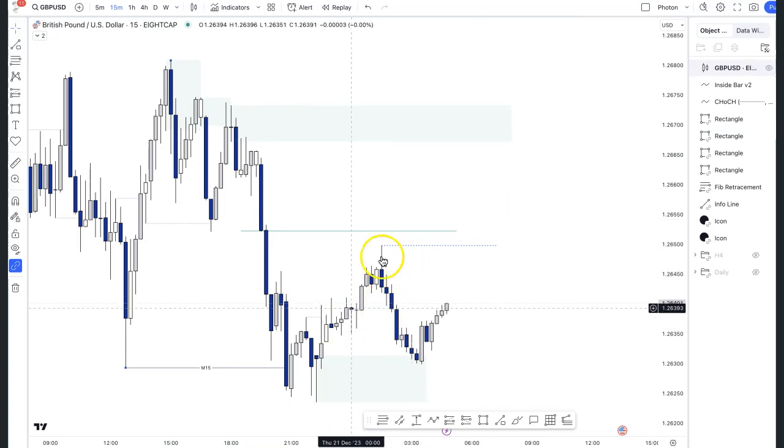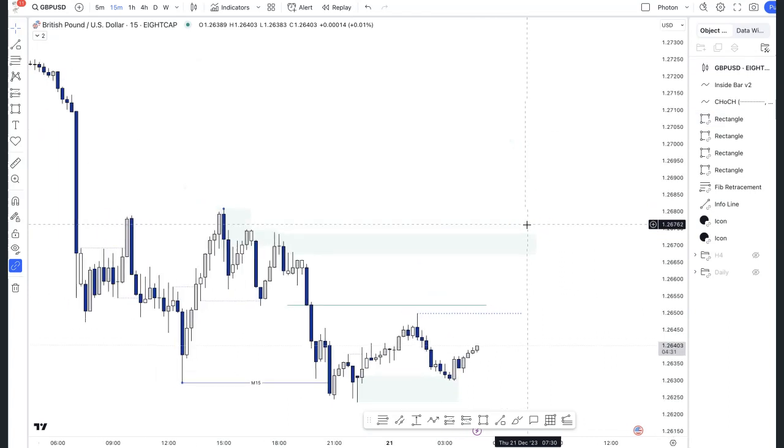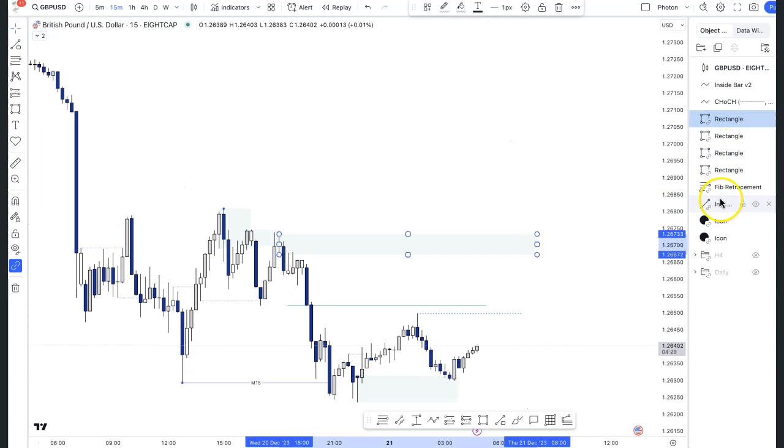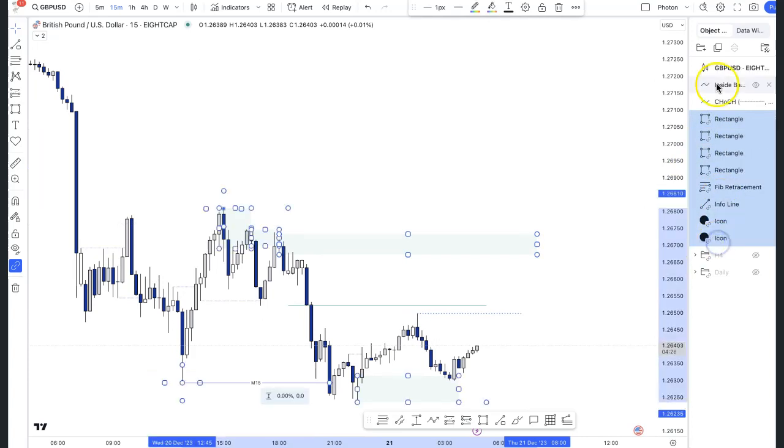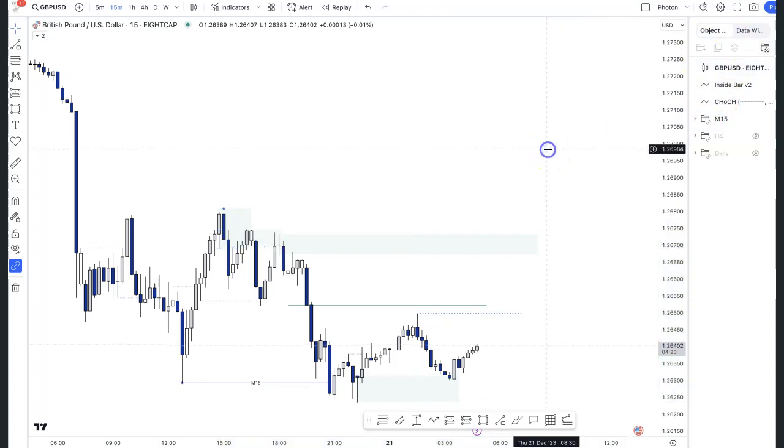So my outlook is that price is going to go up to this, and then continue further down. So this is the general outlook that I'm looking at. Nothing very complicated, and that's pretty much what it is for me.